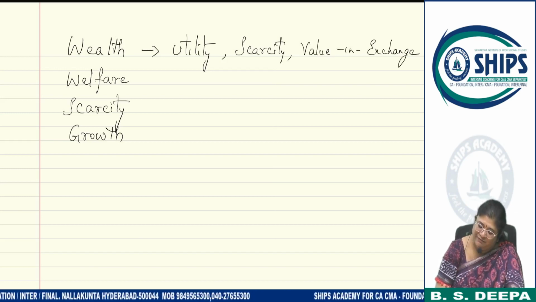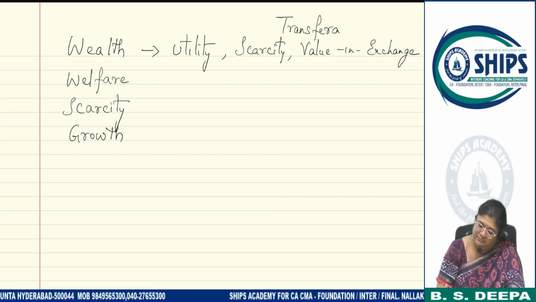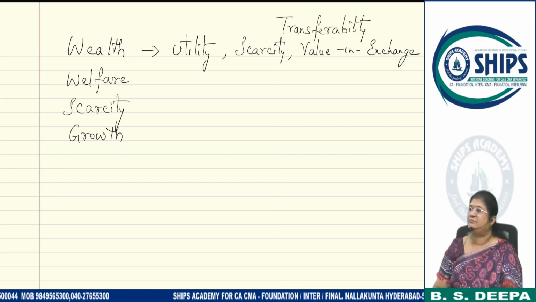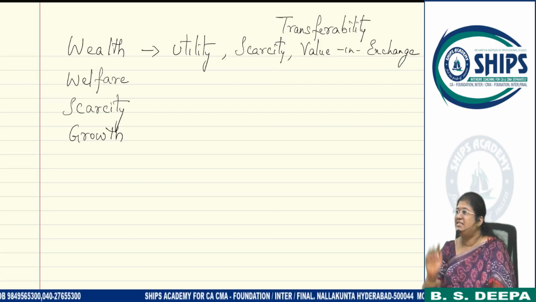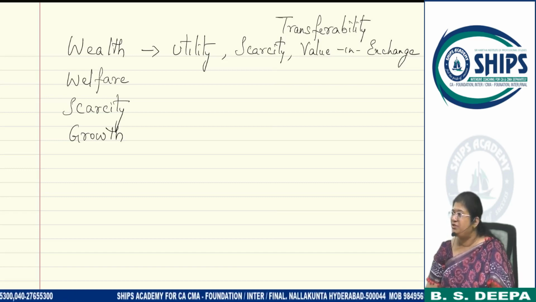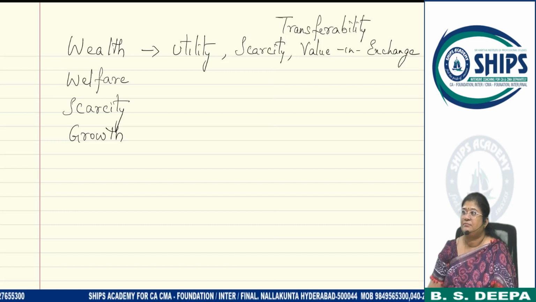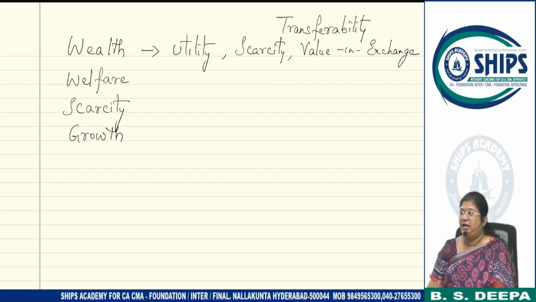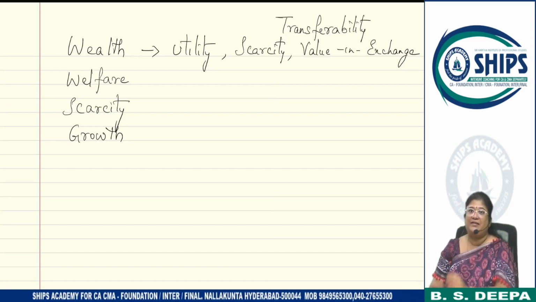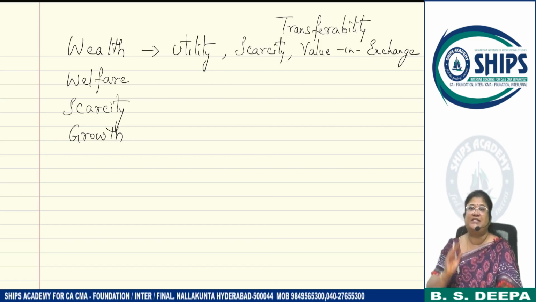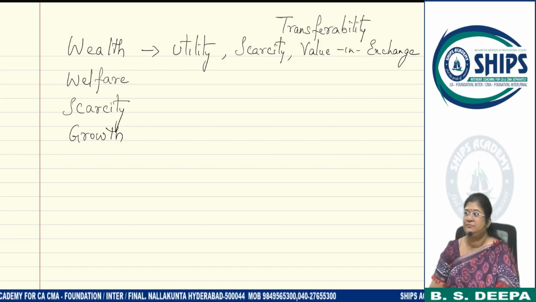And wealth should have transferability. These are the four things wealth should possess. If it has these four characteristics, it is called wealth.